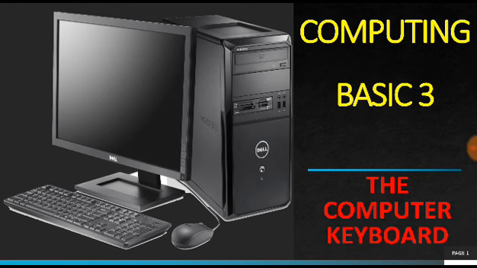And as we can see on our screen, this is what we call the tower computer system, or the desktop computer. So as you can see, this is a device we refer to as the keyboard. So we'll be talking about this device only for today.